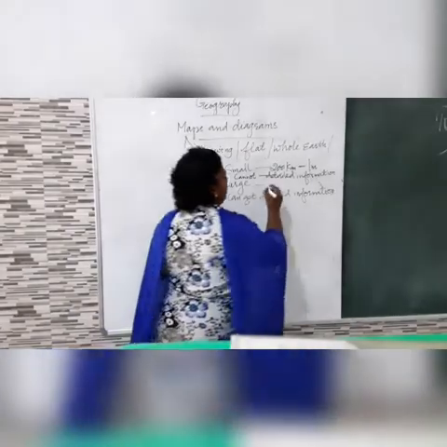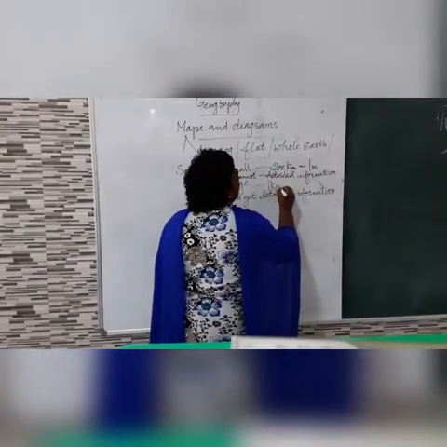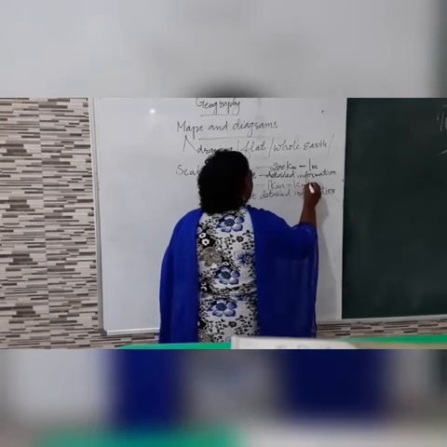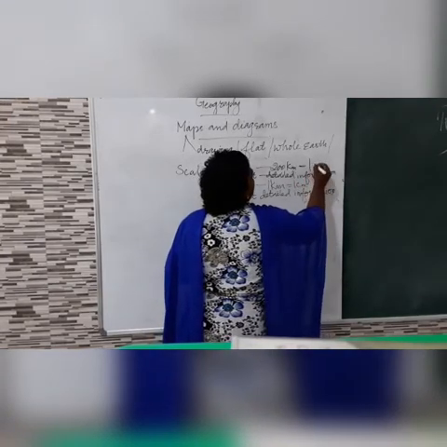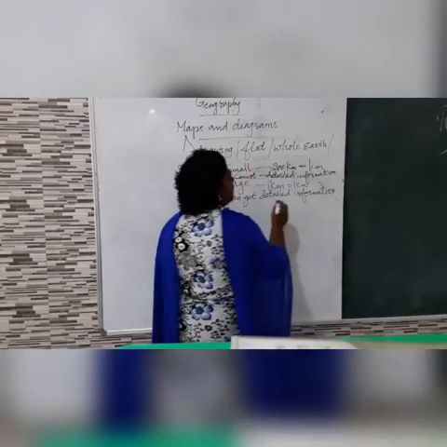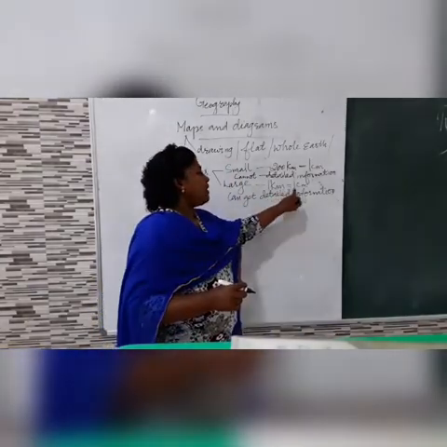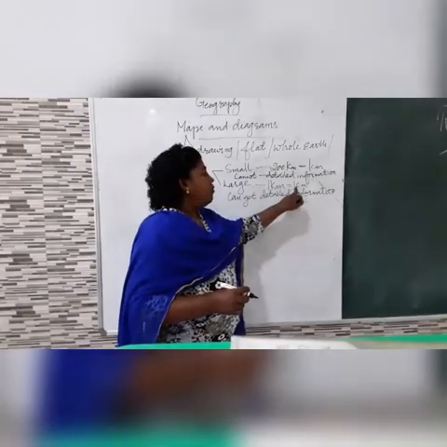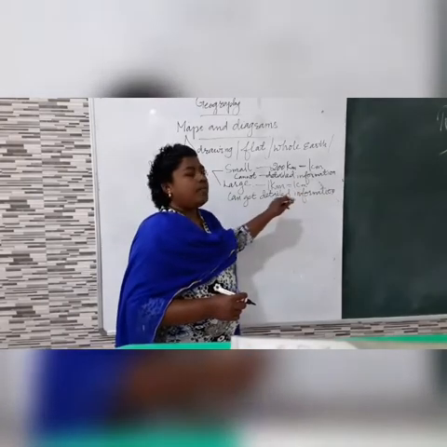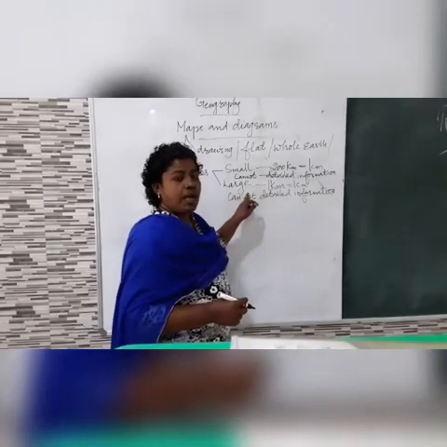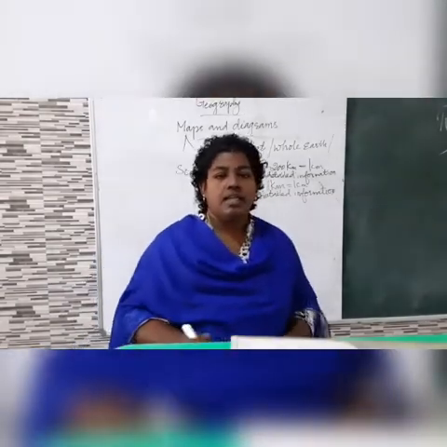For example, if it is 1 kilometer on the ground, how many centimeters will be drawn on paper? 1 centimeter will be drawn on paper. So, more than the small scale map, the large scale map gives us detailed information.